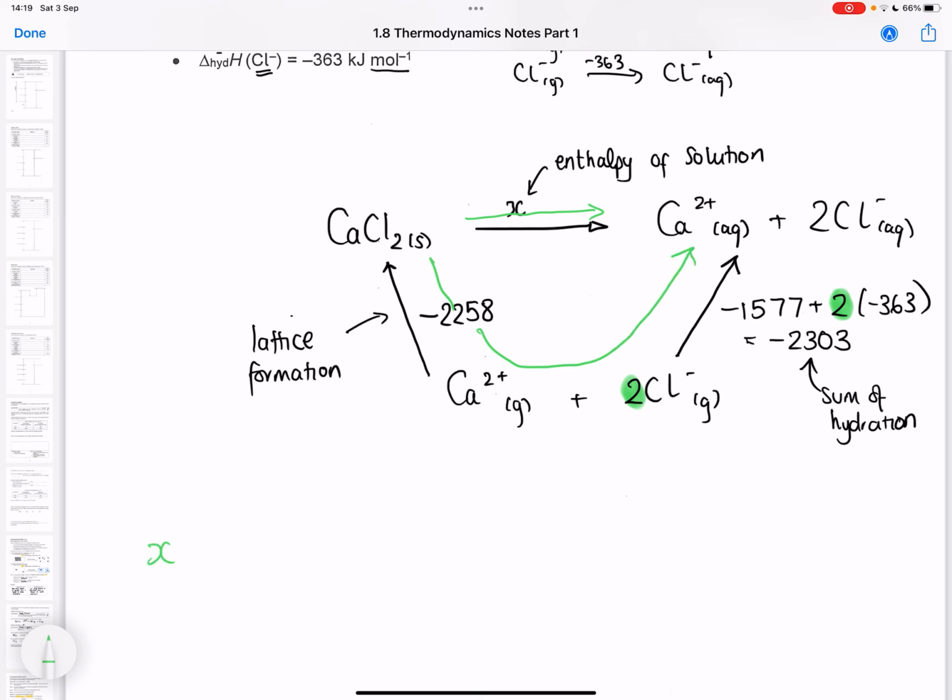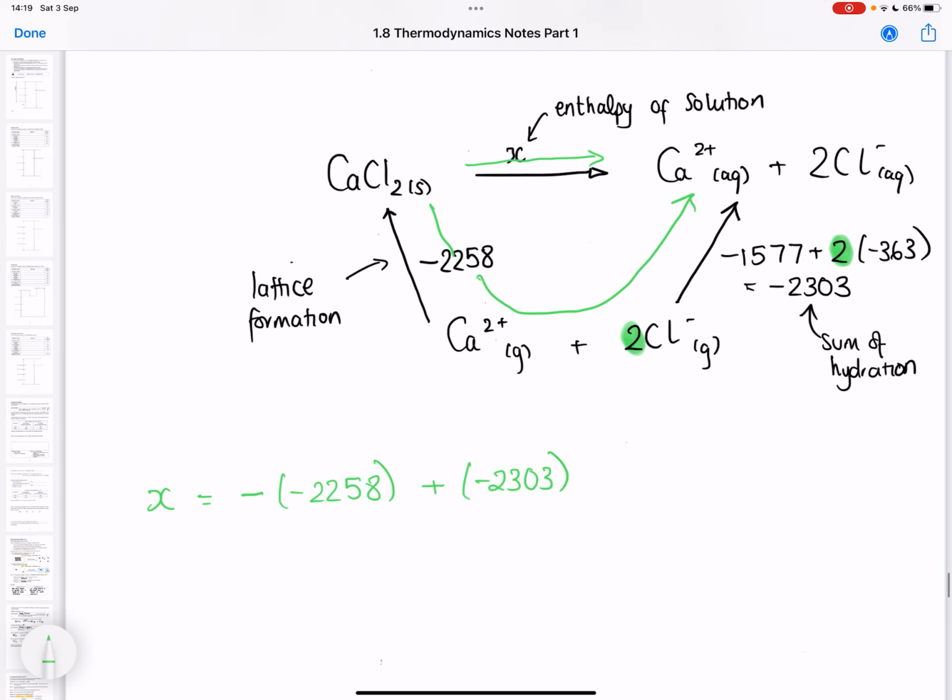We can say that X, now, when we follow the arrow down the left-hand side here, we're going against the lattice formation, so minus the lattice formation. So minus 2258 plus minus 2303. And we type that in our calculator, we get minus 45 kilojoules per mole.